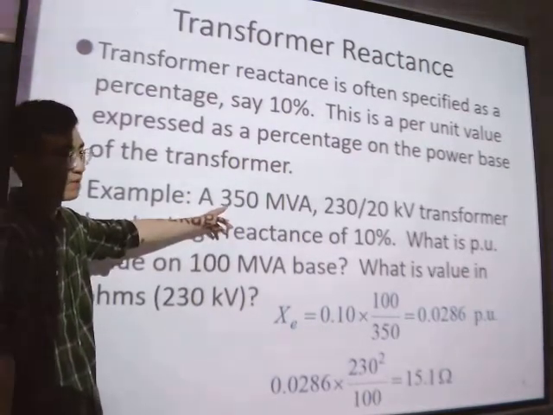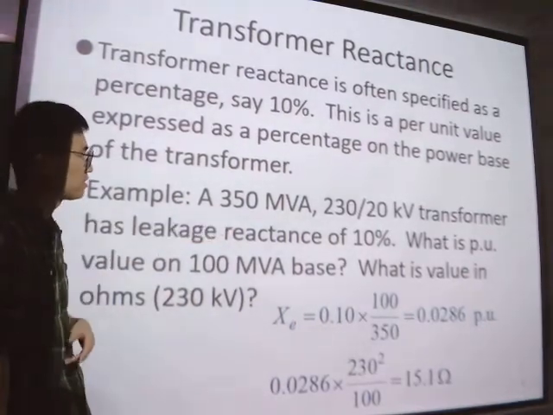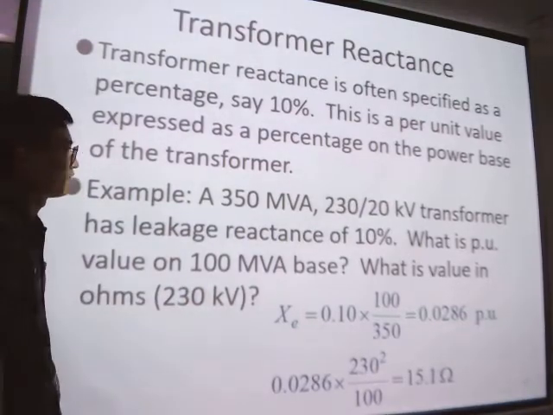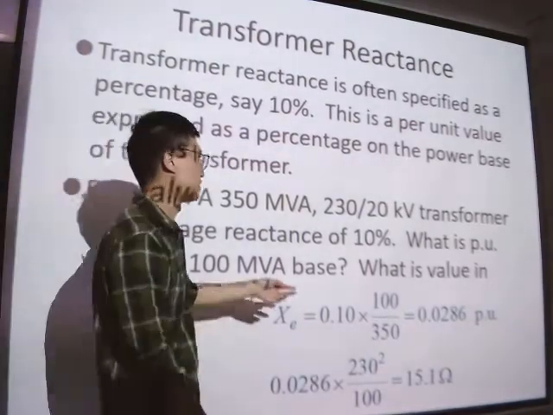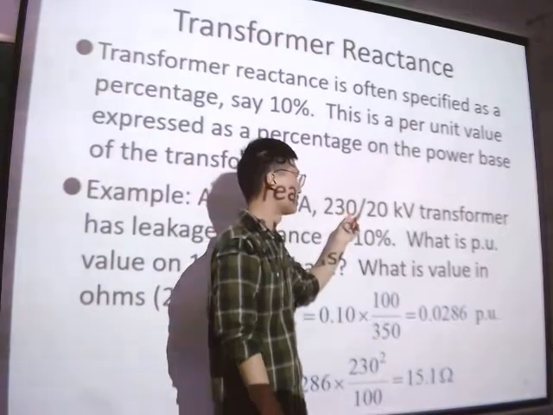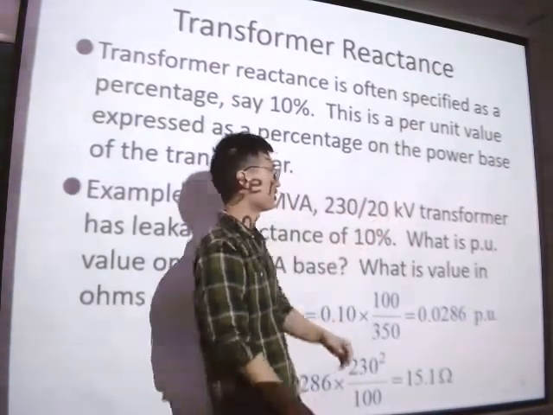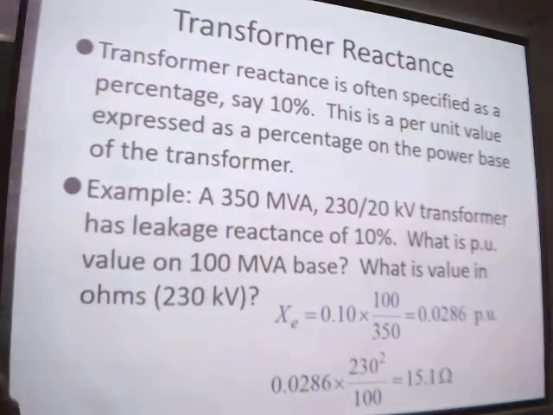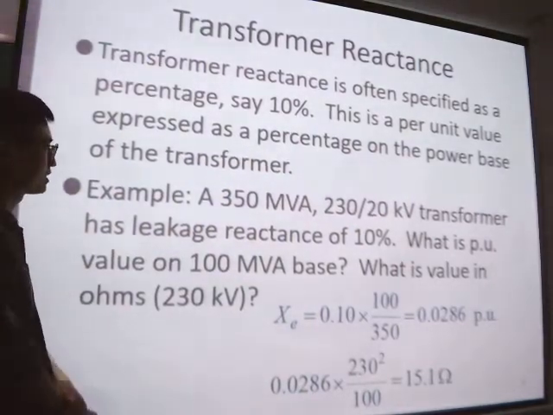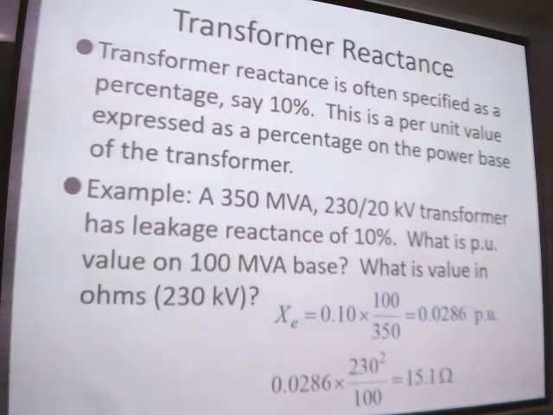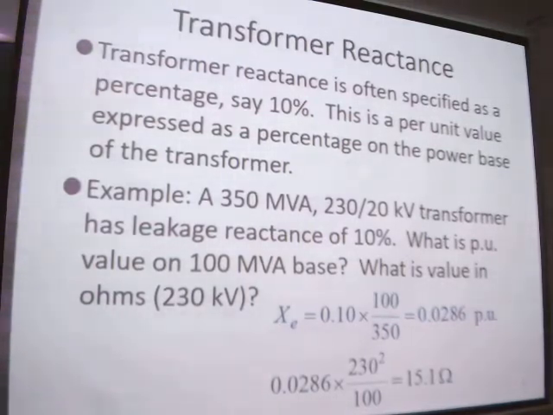The power rating base is 350 megawatt, the turn ratio is 2 and 30 and 220 kilovolt, okay? The leakage reactance is 20%, so 0.2. So what will be the per unit value in the new 100 megawatt base?